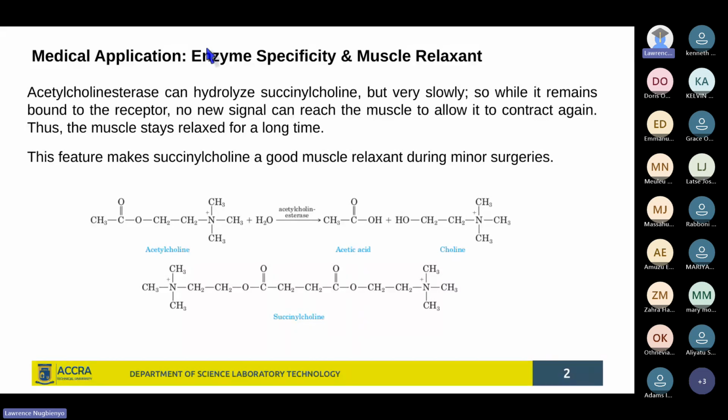Just one example. And this is particularly on the enzyme acetylcholine esterase. Acetylcholine esterase is involved in the hydrolysis of acetylcholine.